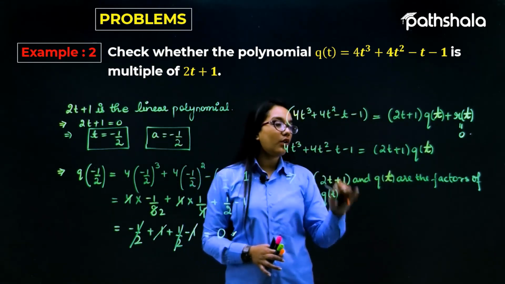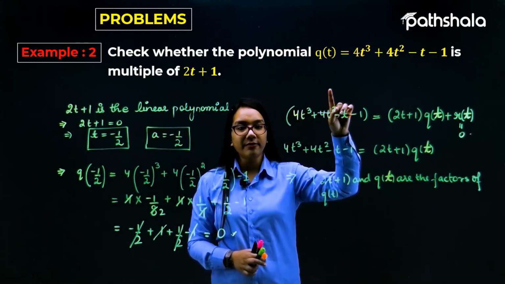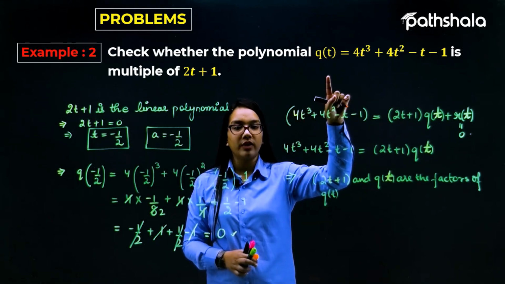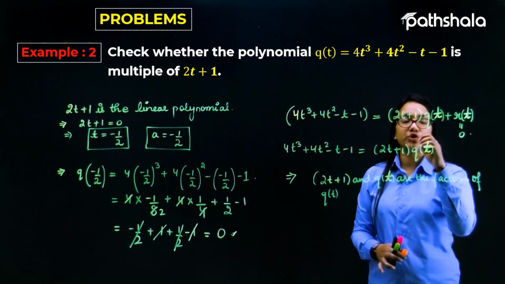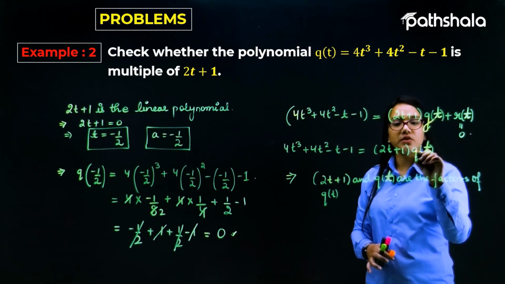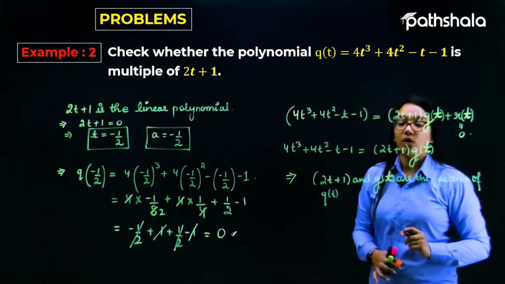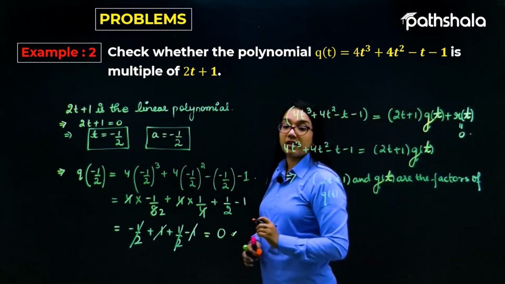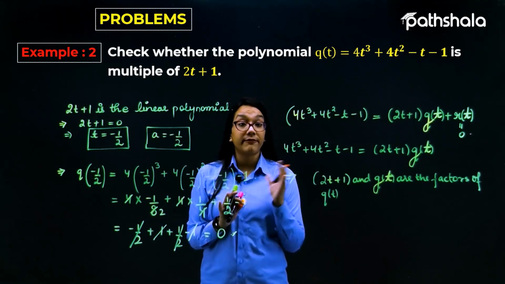They are the factors of the polynomial q of t. Again, we are using the polynomial over here as q of t, so we cannot take the quotient as q of t, because the quotient should be different. So let us suppose I am considering it as g of t. Always remember that we have to represent the dividend, the divisor and the quotient in different ways.